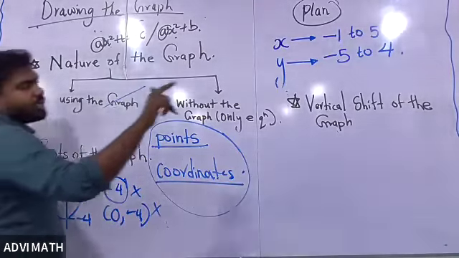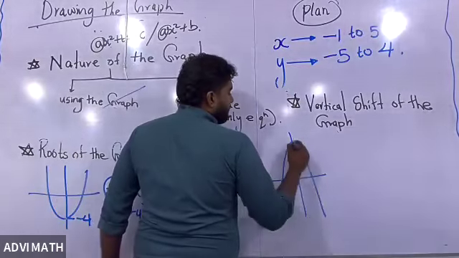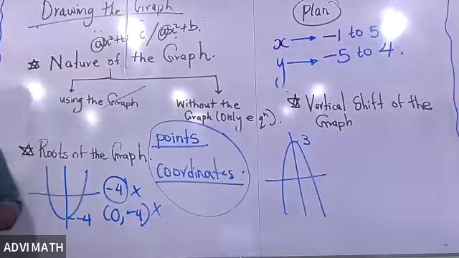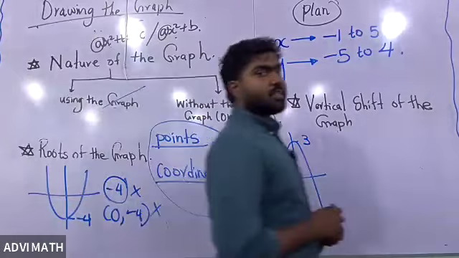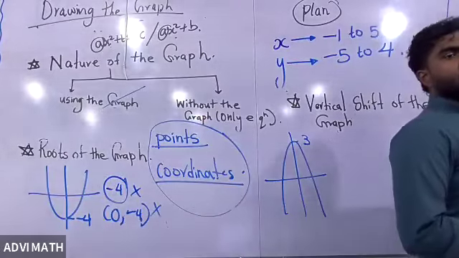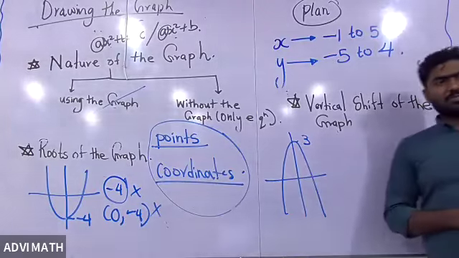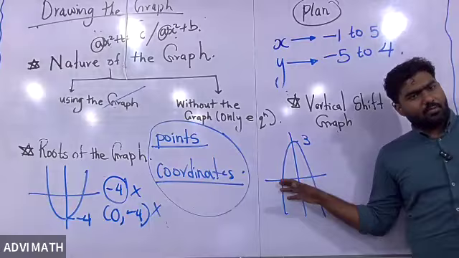Your understanding is correct, but no marks are given because of a small change. Now I'm asking you, what is the minimum point of this graph? This is a maximum graph.